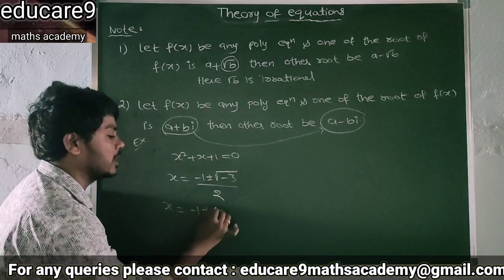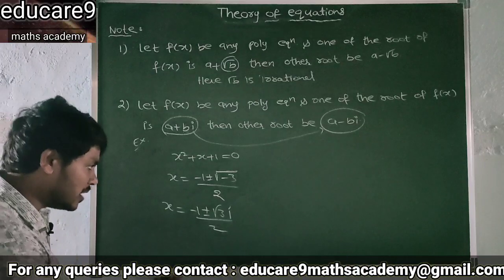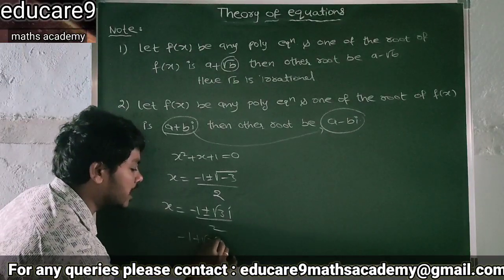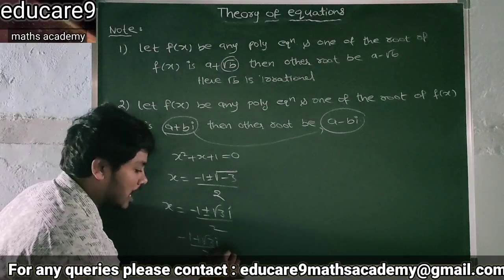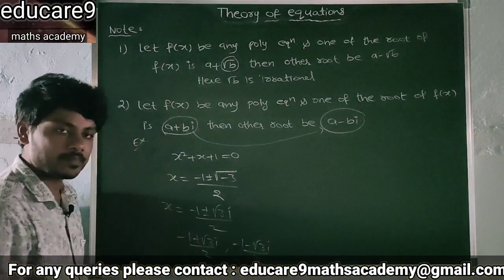So therefore x is equal to minus 1 plus or minus root 3i by 2. So clearly what are the roots here? Minus 1 plus root 3i by 2, comma minus 1 minus root 3i by 2.